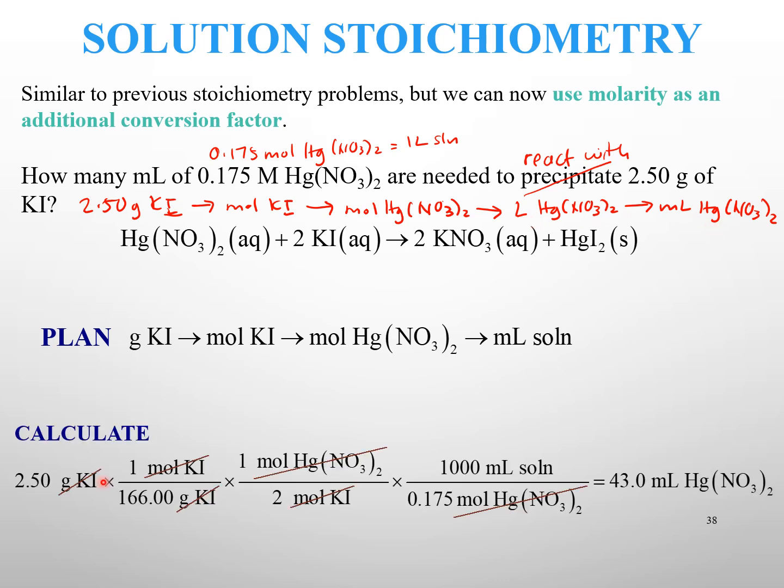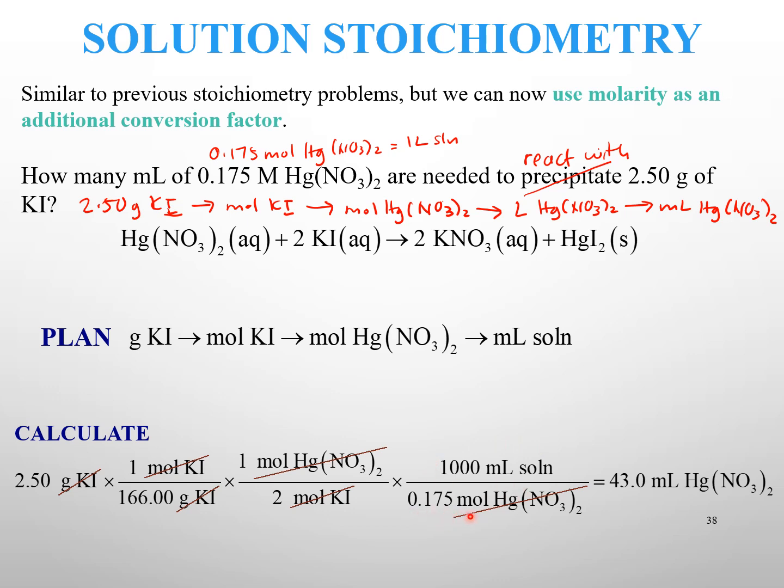So what we want to do is start with 2.5 grams, turn it into moles by using molar mass. So cancel off the grams of KI. Now I have moles of KI. I know it's 2 moles of KI to 1 mole of Hg(NO3)2. So we cancel off the KI here. And then we do the molarity here. See? 0.175 moles in 1 liter. So you can write liters here and then go to milliliters, or you can just straight up put 1,000 mL here.